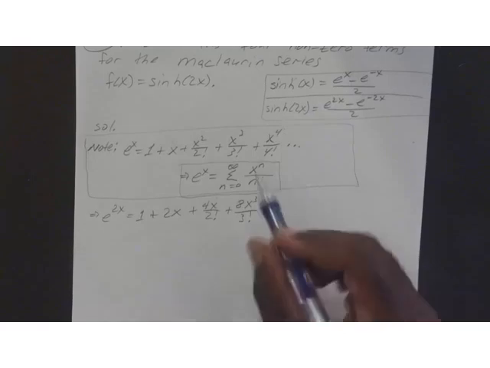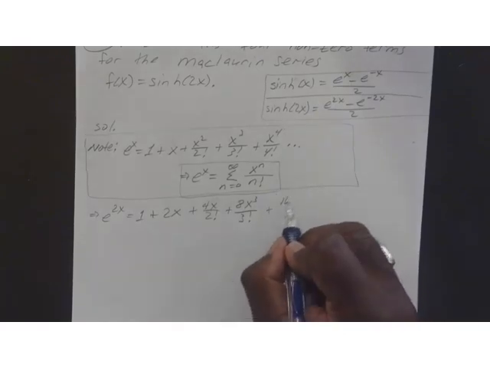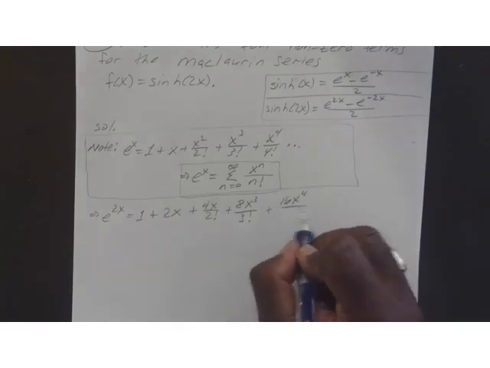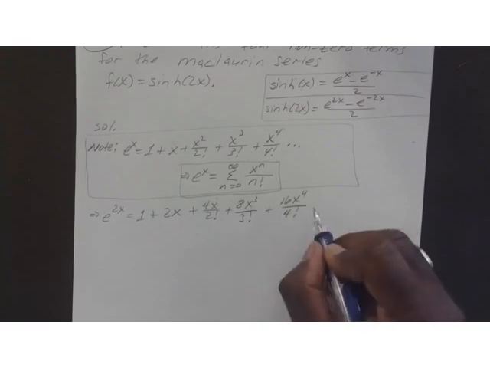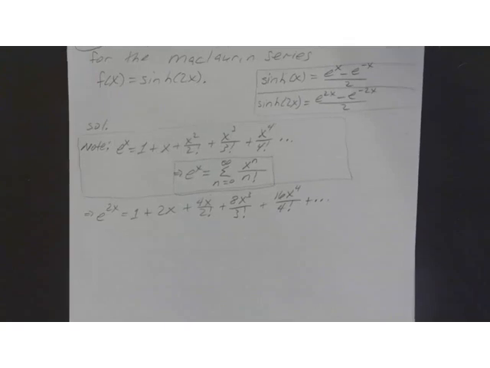And 2x to the fourth power is 16x to the fourth power divided by 4 factorial. And it keeps on going, but we're going to stop at those terms.